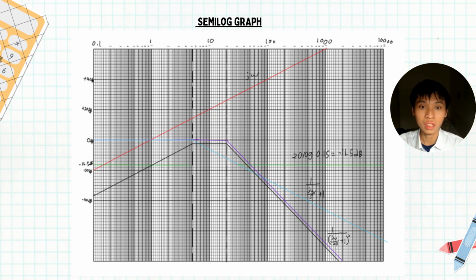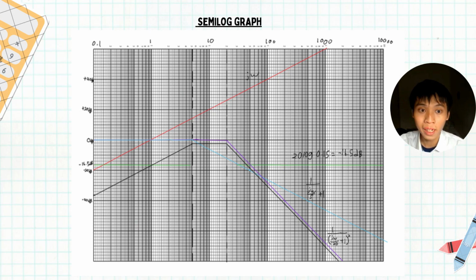This gives us a constant upward slope of positive 20 dB per decade, crossing 0 dB exactly at omega equals 1. Next, we encounter our simple pole at omega equals 5. The blue line stays completely flat at 0 dB until omega reaches 5. After that, it drops at the rate of negative 20 dB per decade.